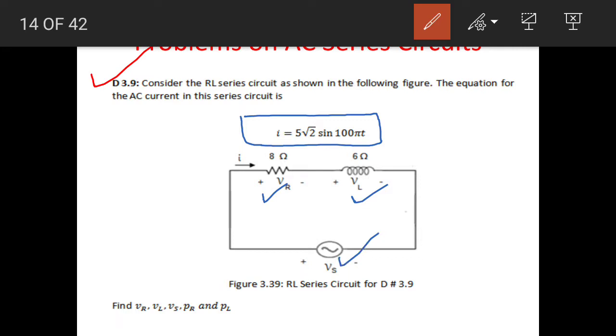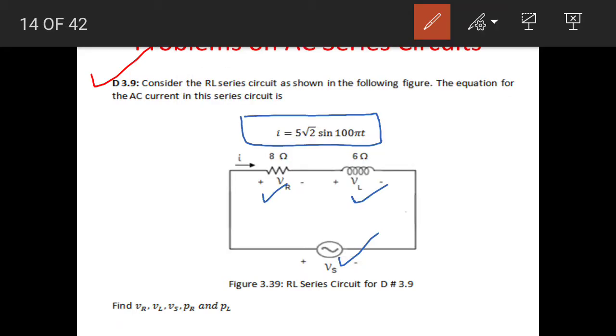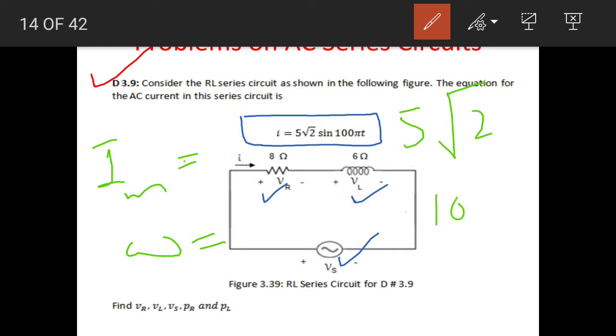So the maximum value of the current is known, and the maximum value of the current is 5 into under root 2. Omega is known as well, and omega is 100 pi radian per second.